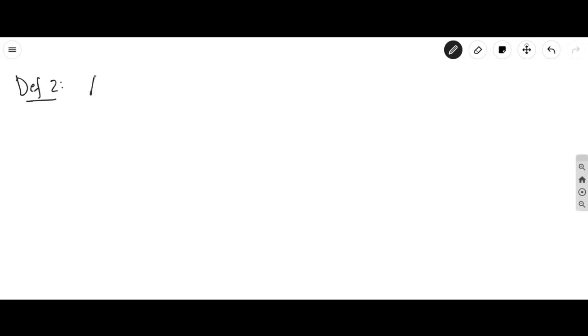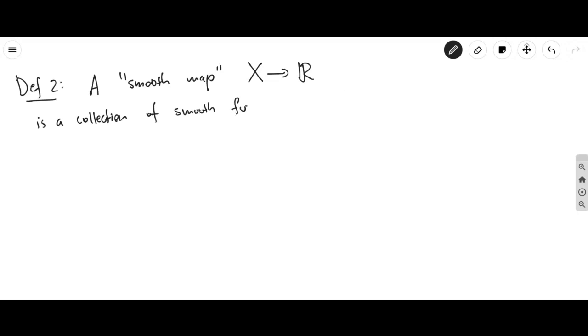You can say a smooth map or smooth function from x to R, and again, it's x with an atlas, is a collection of smooth functions, let's call it f lambda, where each f lambda is a smooth function in the chart.